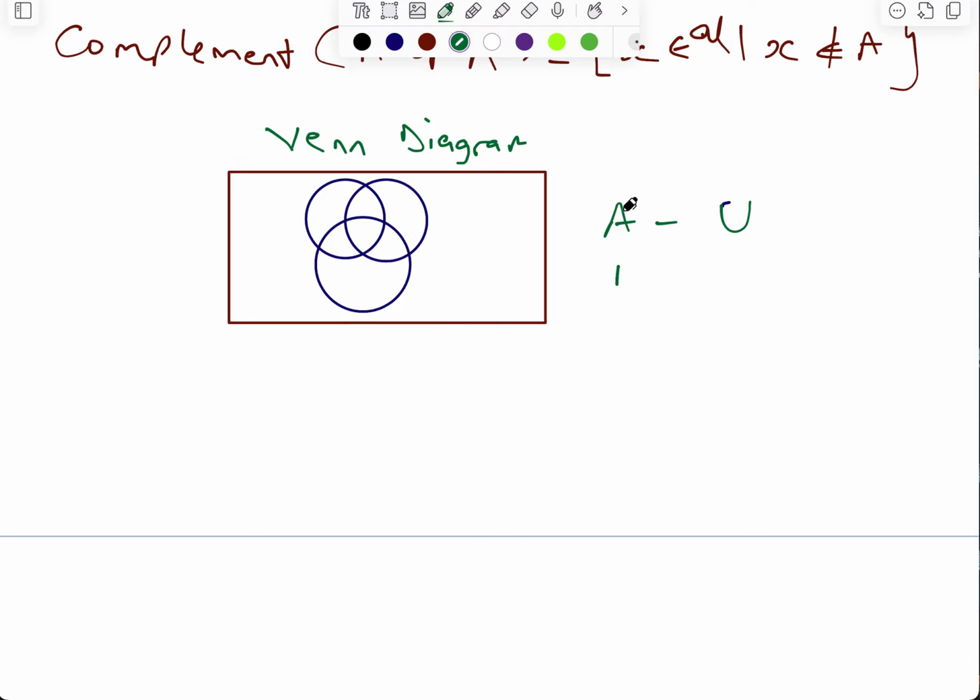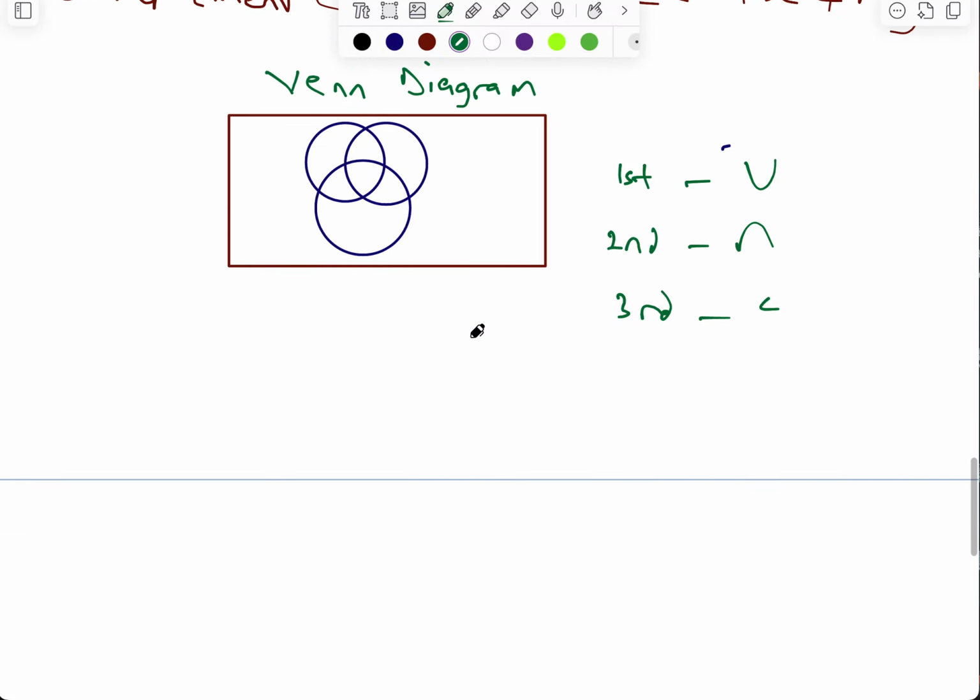The second is how to identify intersection. And the third is how to identify the complement of a set. These are the three things that we need to know how to do. Once we know these, a Venn diagram is easy for us to represent.